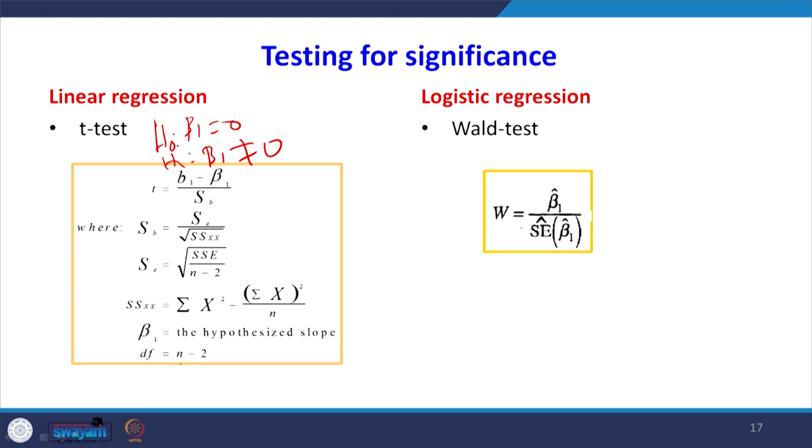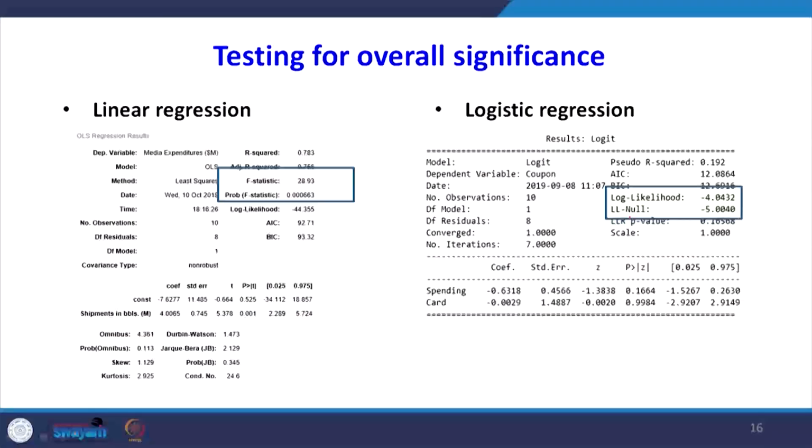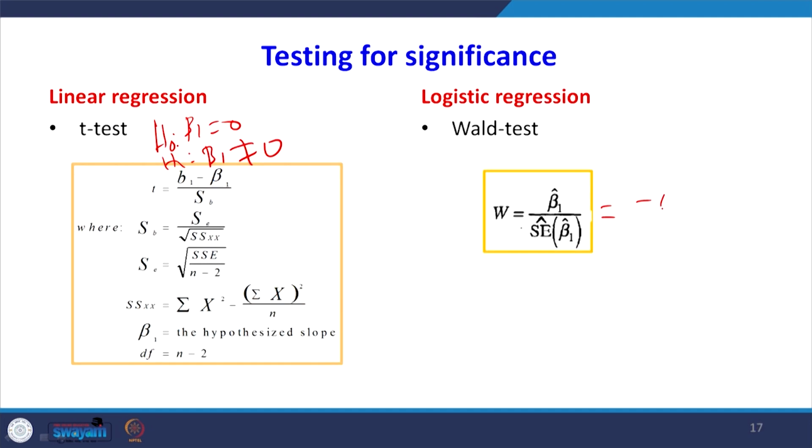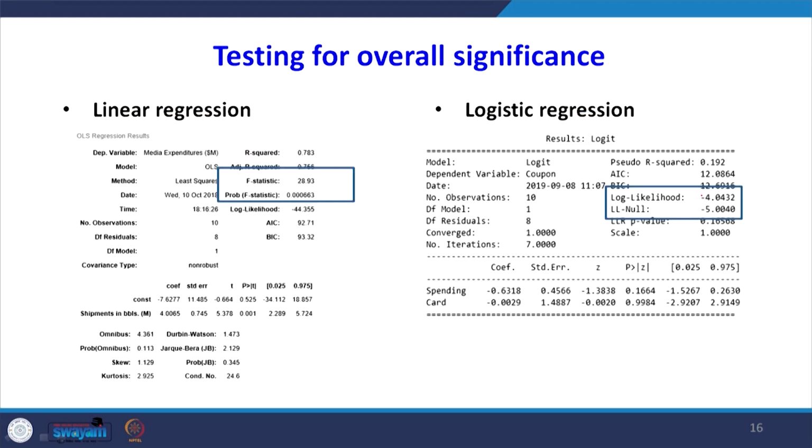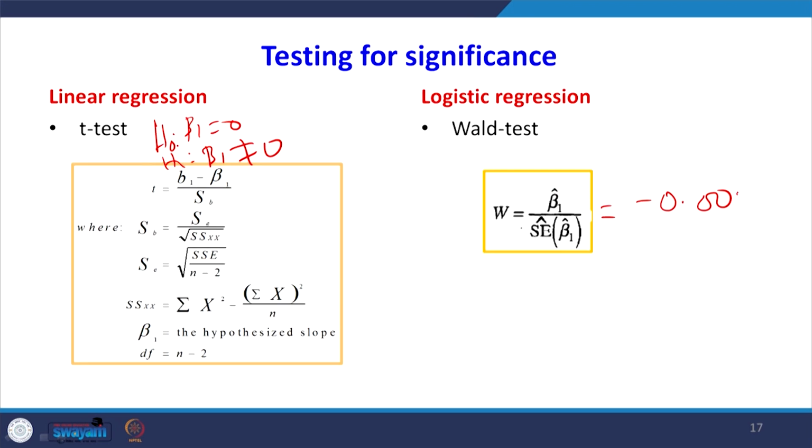The equivalent test in logistic regression to test the individual significance of each independent variable is called the Wald test. This Wald test is nothing but estimated beta 1 divided by the standard error of beta 1. Here, for example, the estimated beta 1 is minus 0.0029.